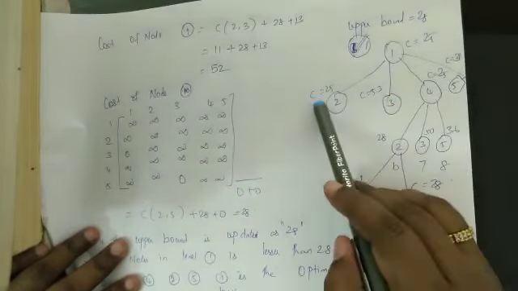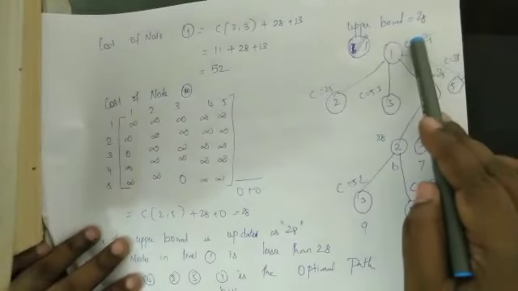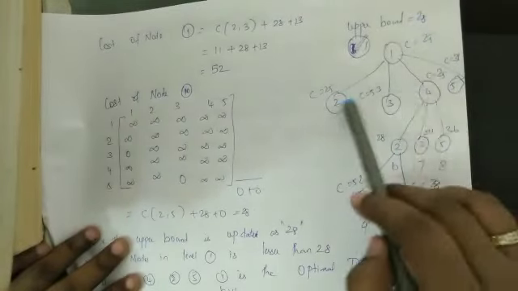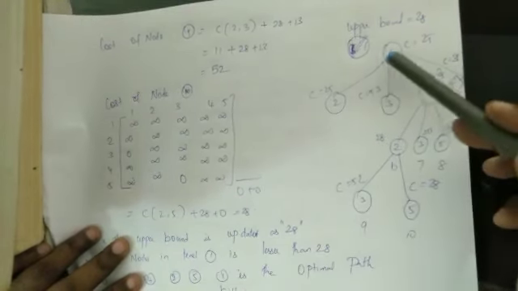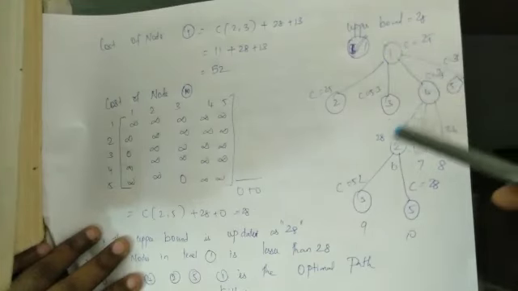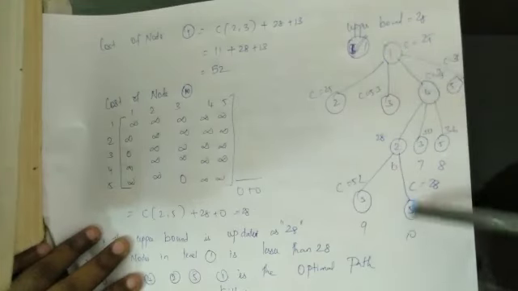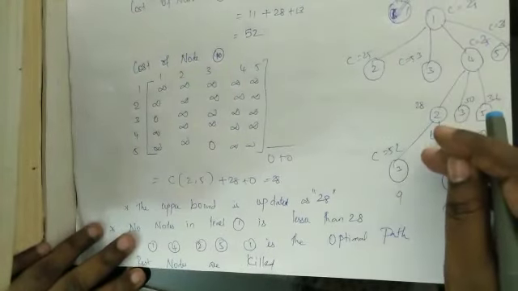All the nodes are greater than the upper bound 28, so we need not explore the rest of the paths. We can conclude that the path we have explored, 1, 4, 2, 5, 1, is the optimal path we found using the branch and bound algorithm for the traveling salesman problem.